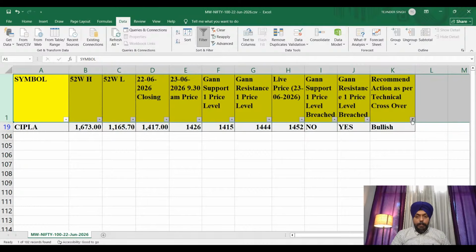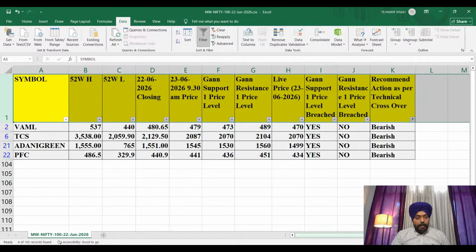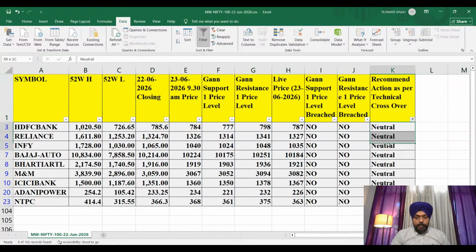This was for the sample जिसको हमने अभी तक अप्लाई किया and we found 4 stocks as bearish as per Gann square of 9: VAML, TCS, Adani Green, PFC trading below their support 1 price level से नीचे, and we got 9 stocks as neutral because ये भी range bound है. There is no clear momentum direction as such.